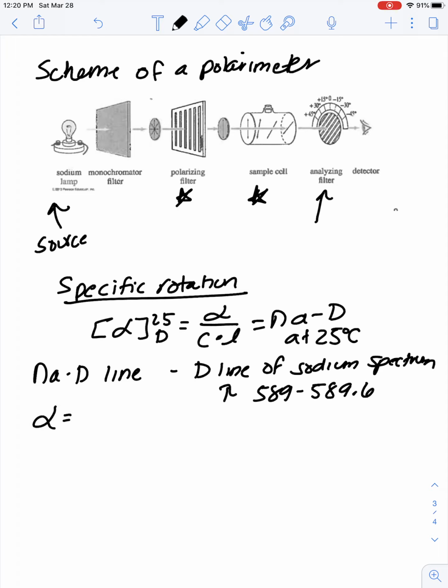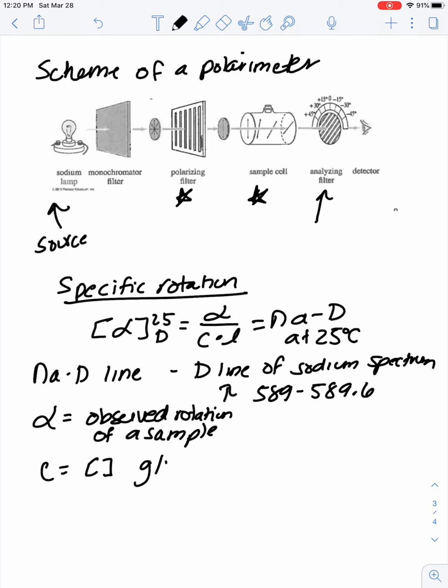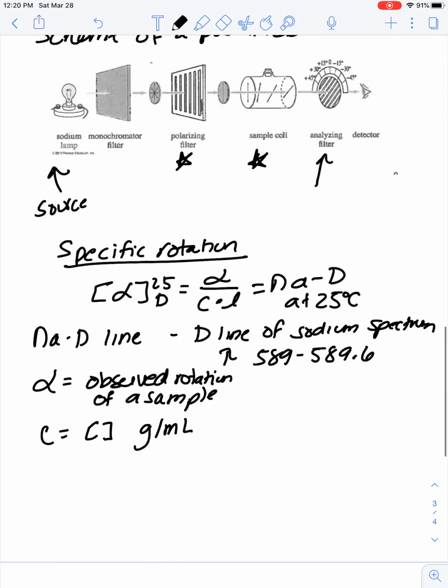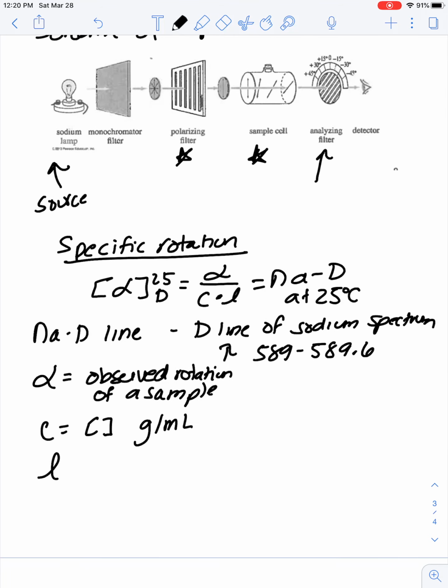Alpha is the observed rotation of a sample. C is your concentration, shown in grams per milliliter. Then we have path length, which is in decimeters. And just a side note, 1 decimeter is equal to 10 centimeters.